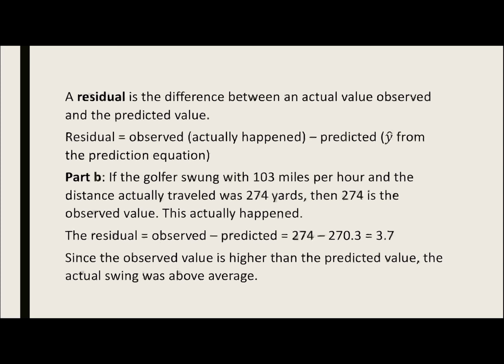Subtract what we predicted with 103 miles per hour from the previous page, which was 270.3, and we get 3.7. Since the observed value, 274, is higher than the predicted value, 270.3, the actual swing was above average, better than predicted.